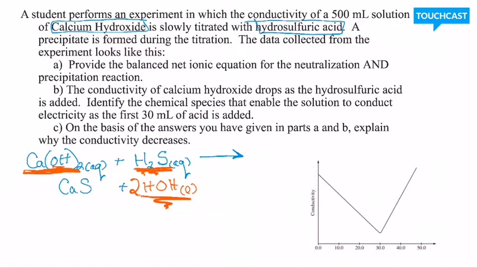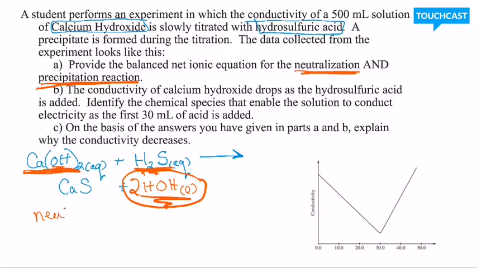Part A wants us to provide the balanced net ionic equation for the neutralization and precipitation reaction. A neutralization reaction typically involves the formation of water. So I would actually provide two different answers to this question.